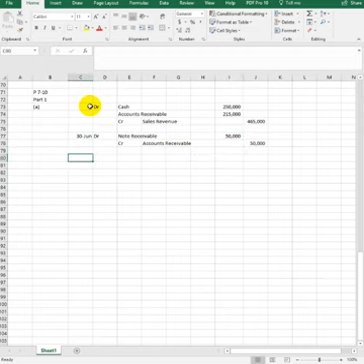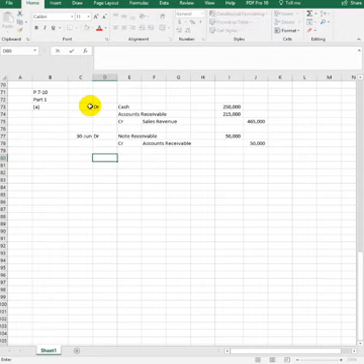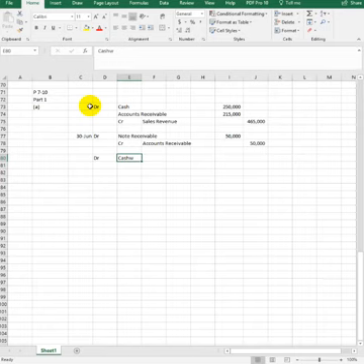We have another entry, number 3, collected $160,000 on accounts receivable during the year. So not really a date for that either, but we debit cash. Oh man, if I could type, that would be good. Okay, I can't even complain about the keyboard because I'm actually typing on my own keyboard.